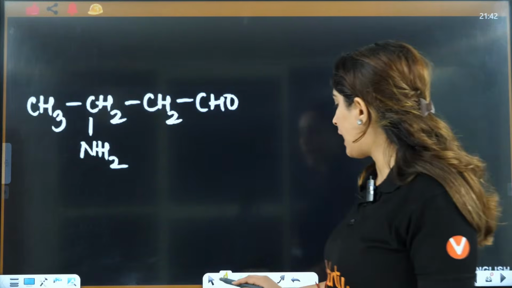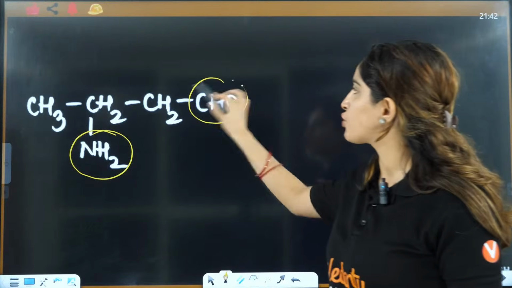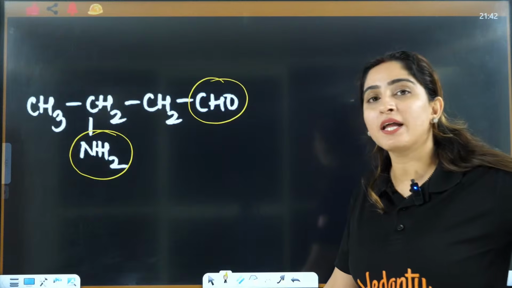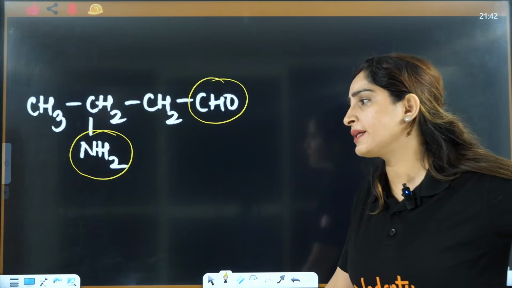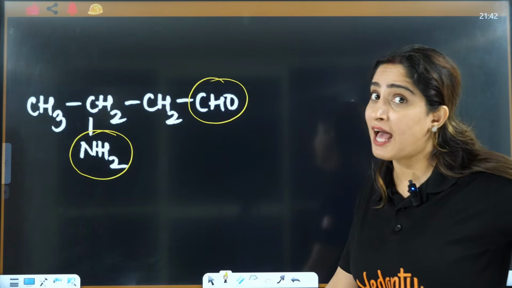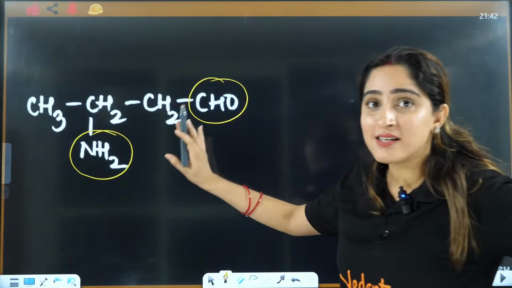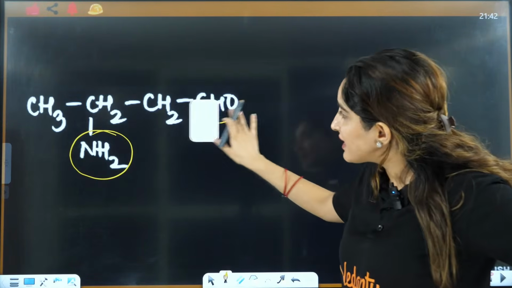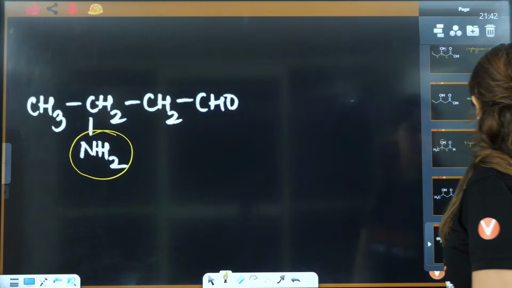Now you have two groups, NH2 and CHO. Everybody, which one will have more priority? Or you can tell me which one will be the substituent, which has less priority. So NH2 has less priority here. That is the reason it is written like this; I'll copy paste this slide on the next page.